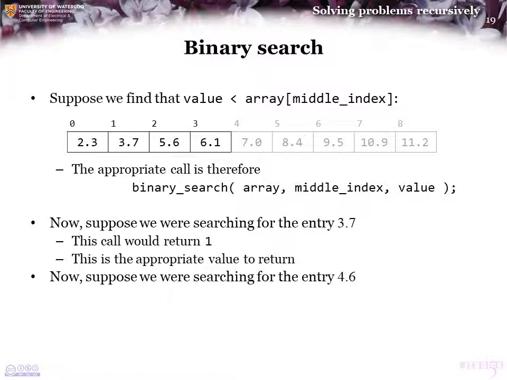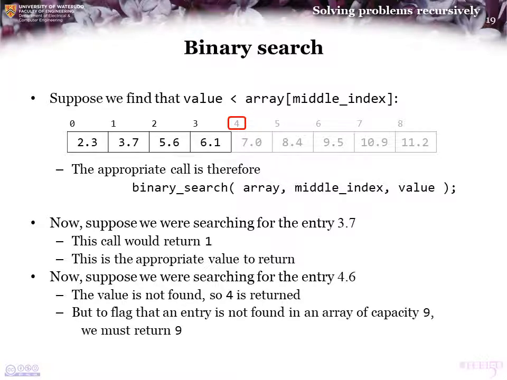Now, suppose instead we were searching for the entry 4.6. Well, 4.6 is not in that array from 0 to 3. So in that case, this particular function call would return the value middle index, which in this case is 4, because that is the capacity of the array we are searching on.